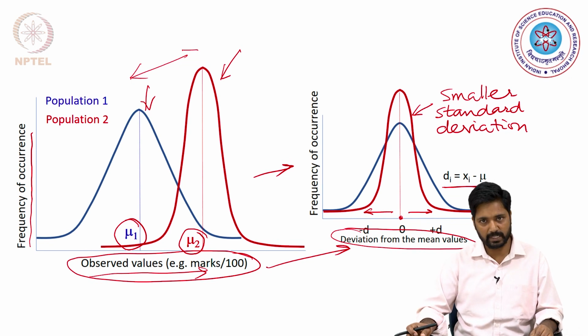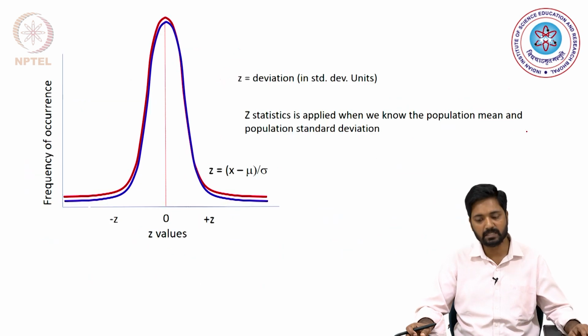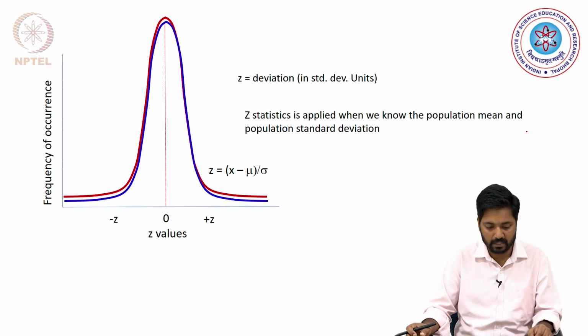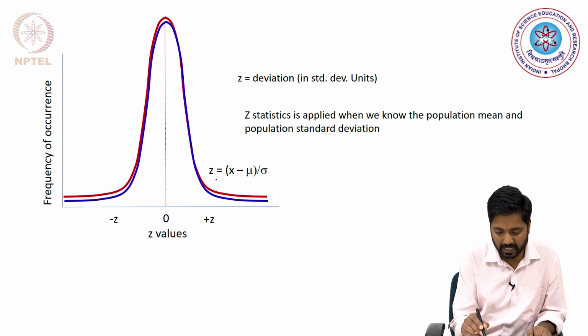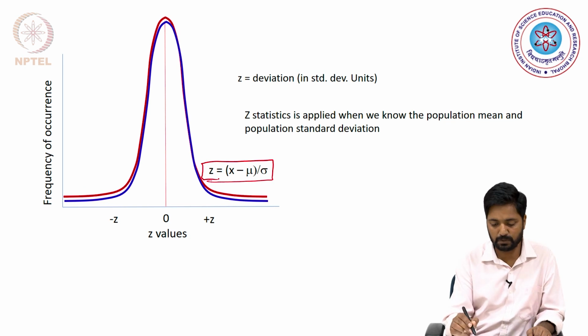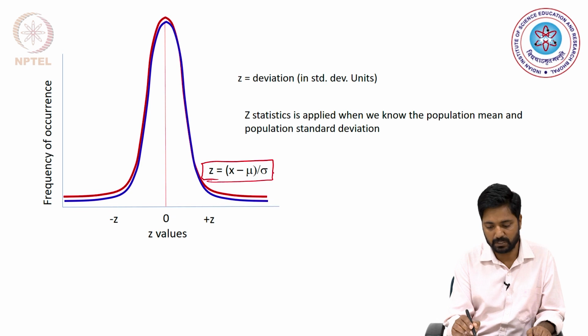One further step will help us merge these two data together for an easier analysis, and that is done in the next slide, where we have used what is known as the z statistic, which is the deviation values divided by the standard deviation.